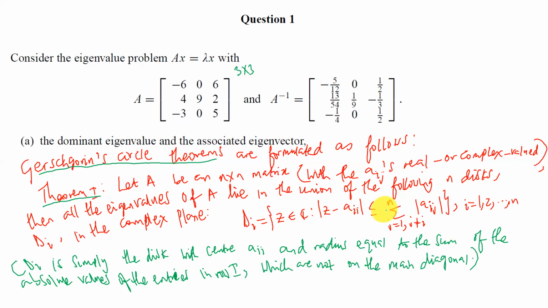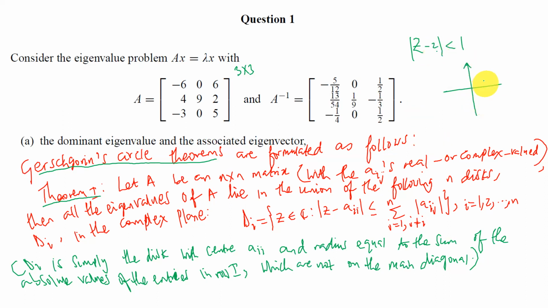Because the disk is a set, it is a set that is full, shaded inside. A disk would be, for instance, if you have the absolute value of z minus 2 less than 1, it would be a disk of radius 1 and center 2. Obviously you can plot that one.